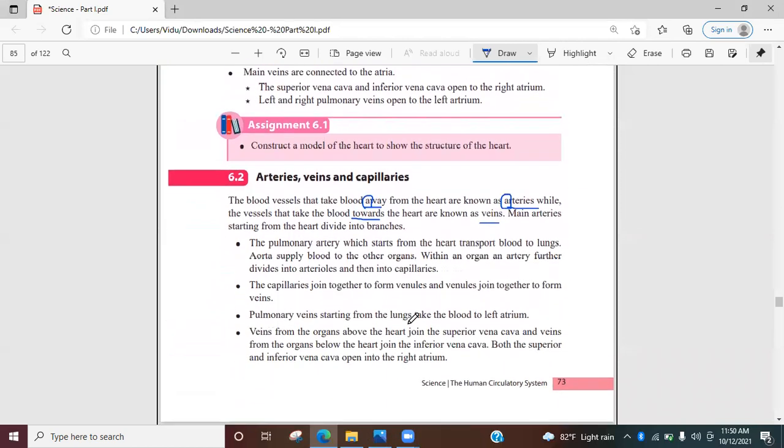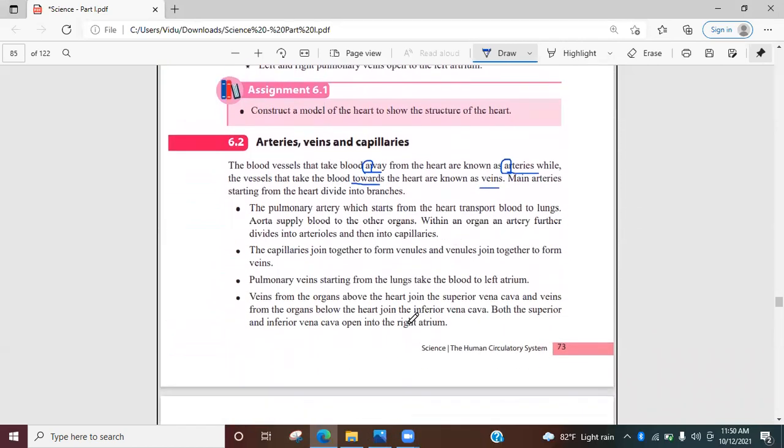Now we are going to talk about arteries, veins and capillaries. When we are talking about arteries and veins, you should remember, arteries are always taking blood away from the heart. So you can remember arteries start with A and also away.